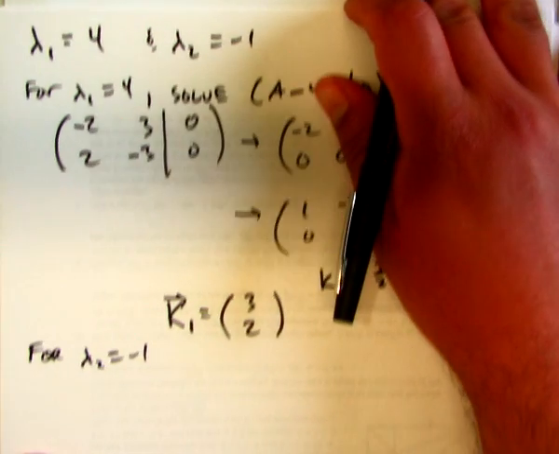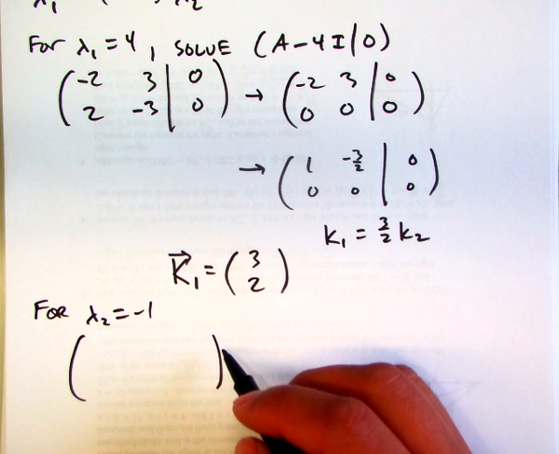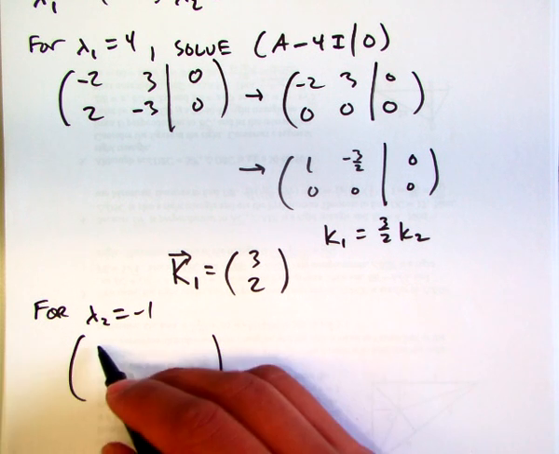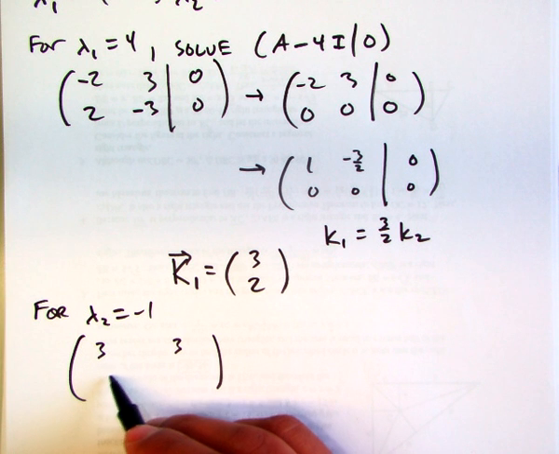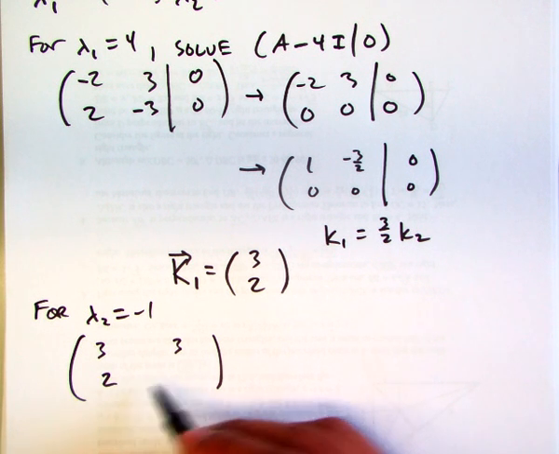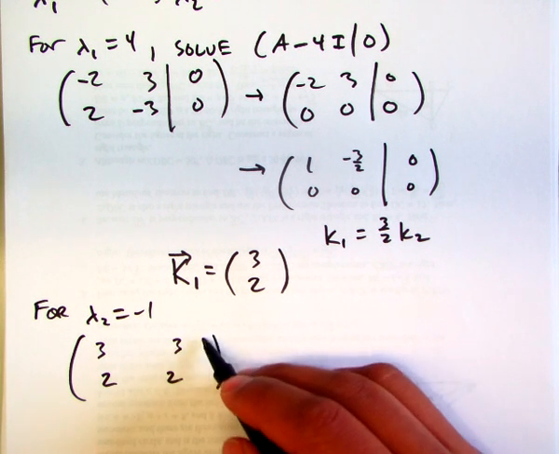Okay, for lambda 2 equals negative 1, plug in lambda into your A minus lambda I matrix. We get 3, 3, 2, 2.